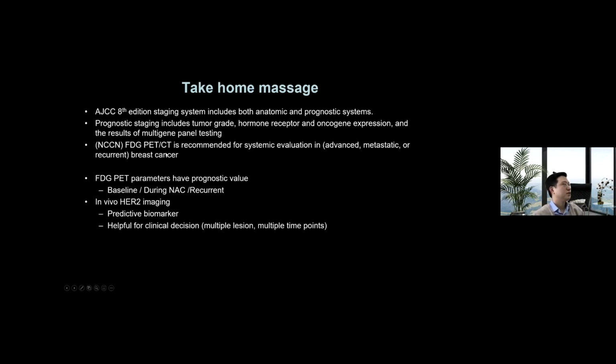And FDG PET/CT is recommended for systemic evaluation in advanced, metastatic, or recurrent breast cancers. And these are the statements with strong evidence. And then below is under development. So one FDG PET parameter can have a prognostic value.